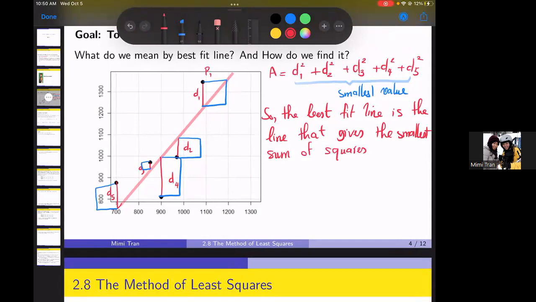In this case, I have 5 squares here. The line with the smallest sum of squares.